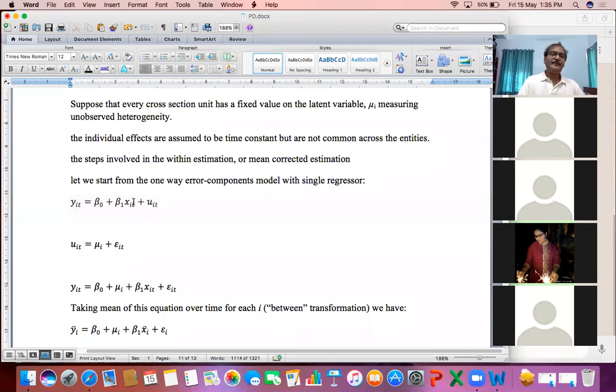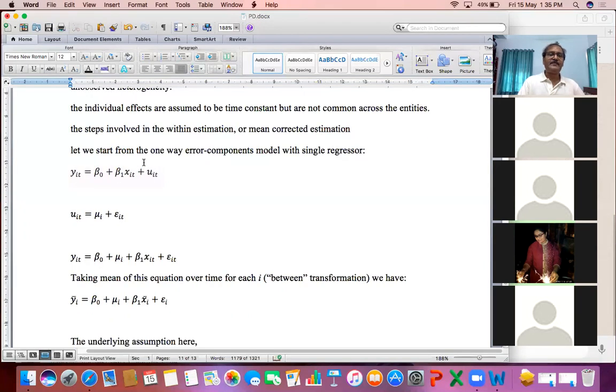If we estimate this model with pooled regression by considering all cross-section units are homogeneous, we have to face an endogeneity problem, and we have discussed how we can get endogeneity problem in a simple linear regression model, that is the pooled regression model in a panel framework.